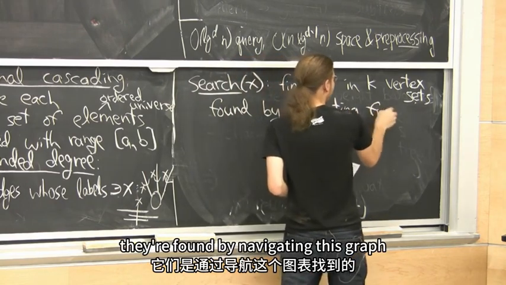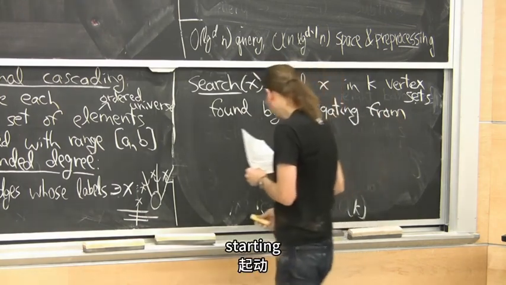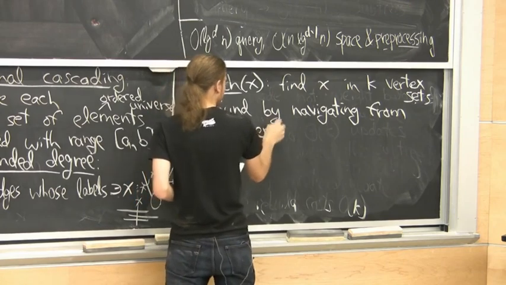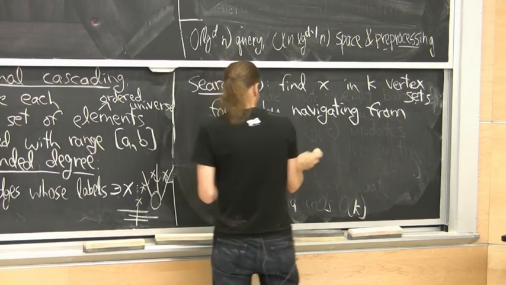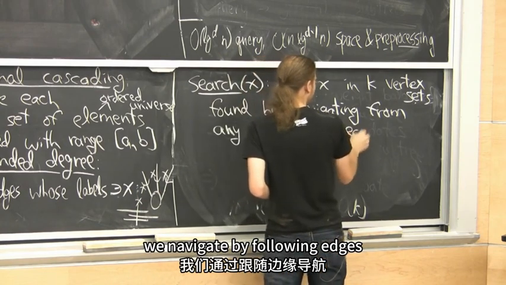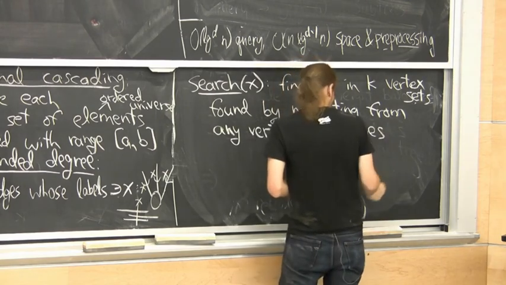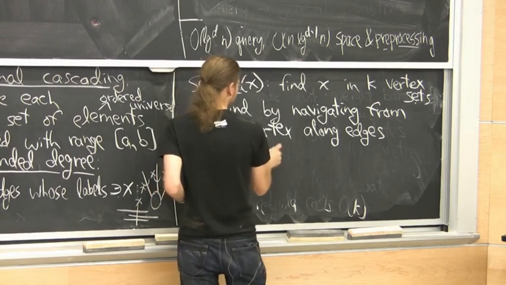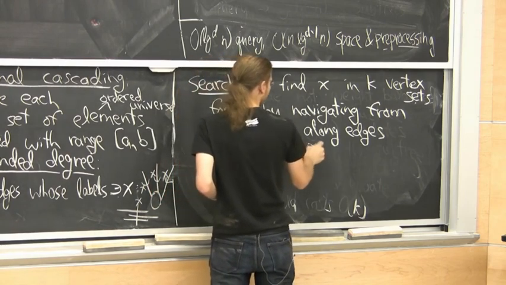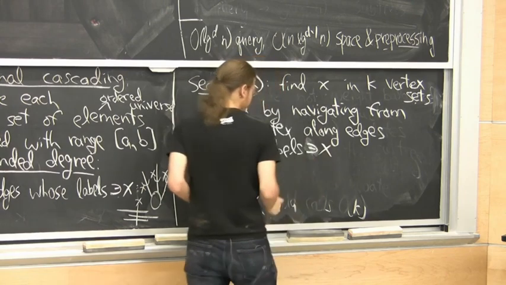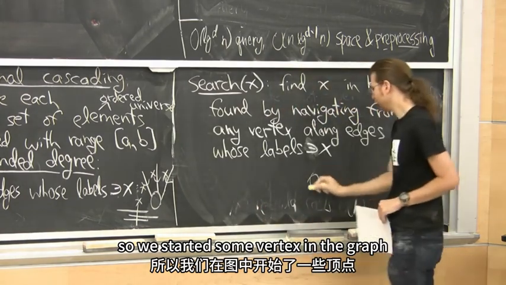They're found by navigating this graph, starting from any vertex, and we navigate by following edges whose labels contain x. So we start at some vertex in the graph.